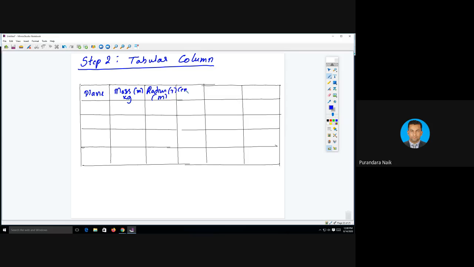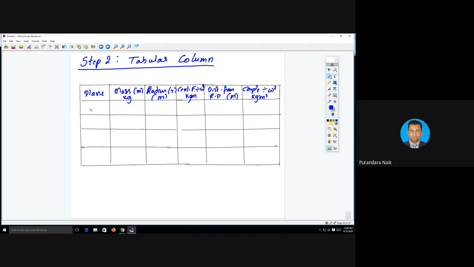Centrifugal force divided by omega square, kg meter. This is the distance from the reference plane, in meter. Last one, couple divided by omega square, kg meter square.